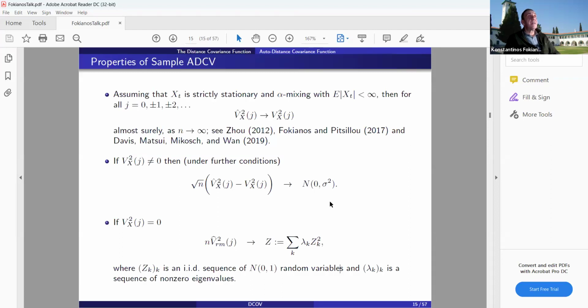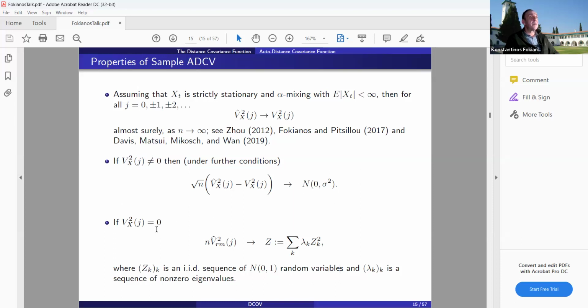So if X_t is strictly stationary and alpha mixing, and many models are alpha mixing, like AR models, nonlinear AR models, Markov chains, GARCH models, under suitable conditions, of course, then it's a consistent estimator. And if this is different than 0, then it's also asymptotically normal.